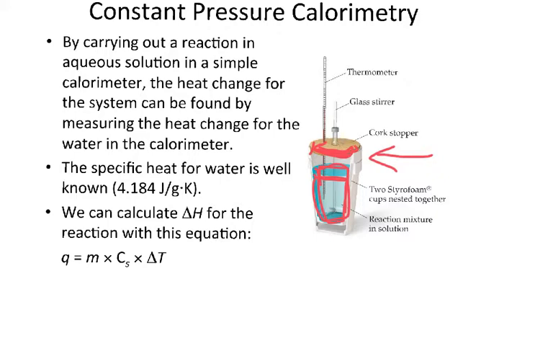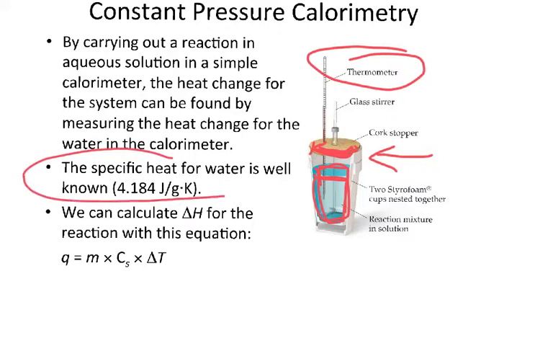Usually you use two styrofoam cups. It's not high-tech like the bomb calorimeter. Then you have a stirrer and a thermometer, so you can look at the heat change in this system by measuring it with the thermometer.